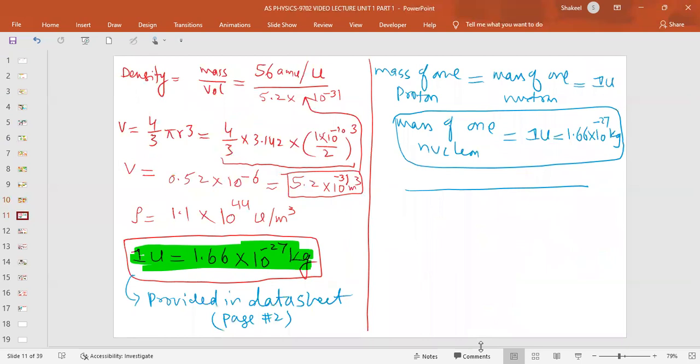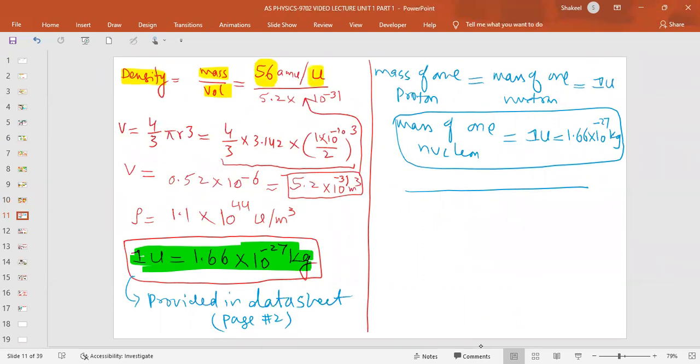Okay. Next, if you want to find the density, you know density is mass over volume. As iron has an atomic mass of 56 U, this is the unit, atomic mass unit or U. We don't write that in kilograms. And the volume is already calculated, the same way, 4 by 3 pi r cubed. This time we have to take the diameter of the atom, which is 1 into 10 to the power minus 10, the whole atom.